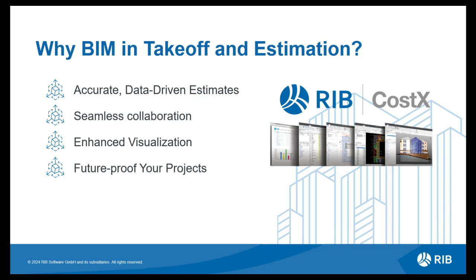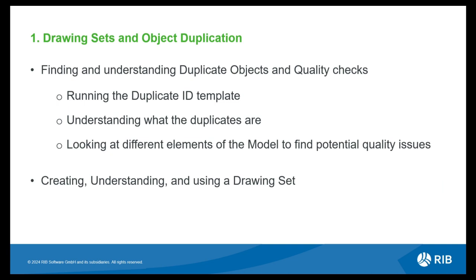Seamless collaboration, where you can work together with your team from different locations on an up-to-date project, minimizing miscommunication and reducing rework. Enhanced visualization, where you can see complex designs in 3D as you work, helping you make better decisions with fewer errors. And future-proofing your projects. Stay competitive and compliant as BIM becomes the industry standard.